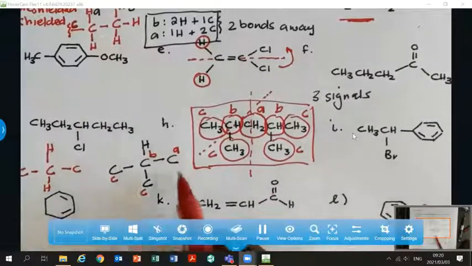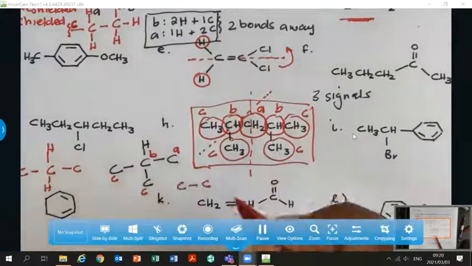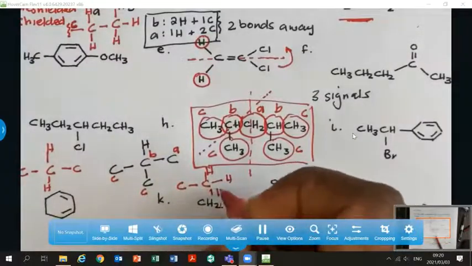So I've got 3 carbons here, 2 carbons here, and the CH3 will only have 1 carbon, which is this carbon bonded to it. The others will be hydrogens.